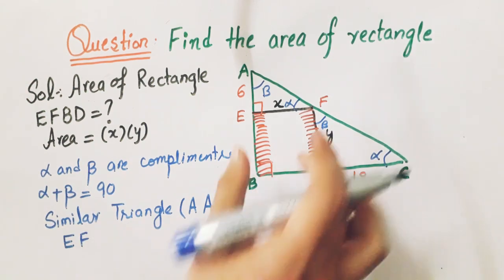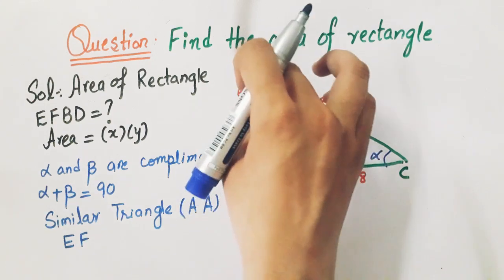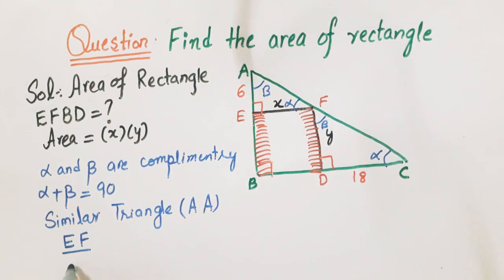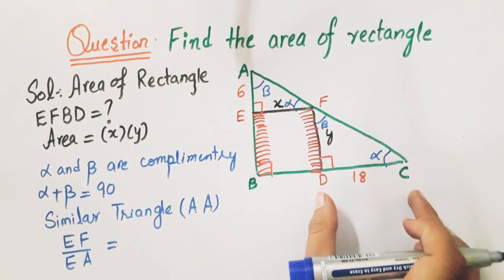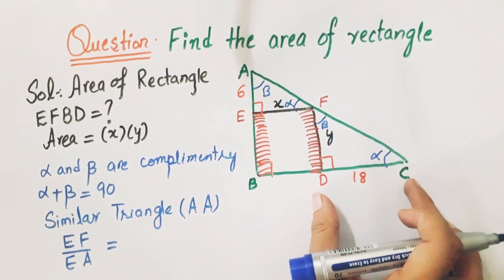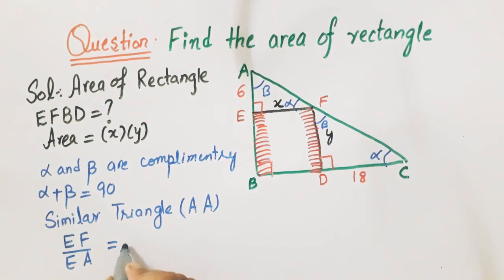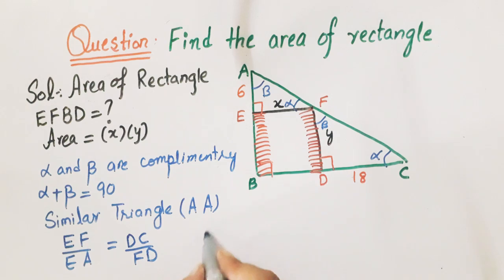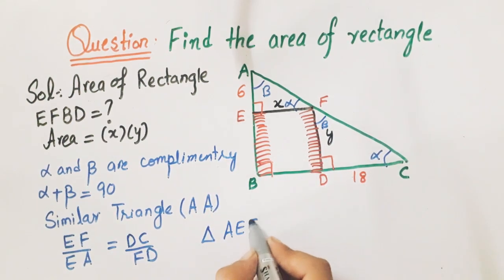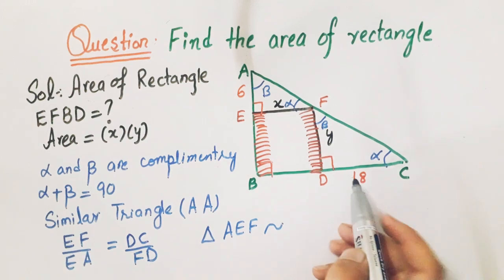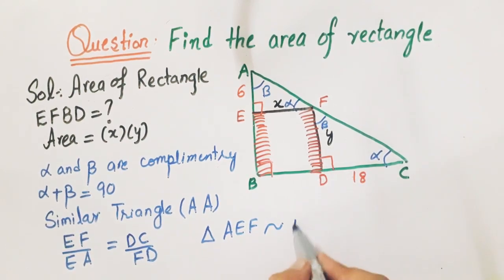EF, this side is EF by AE, or EA, and for this one we will write DC by FD, because triangle AEF is similar to triangle FDC.